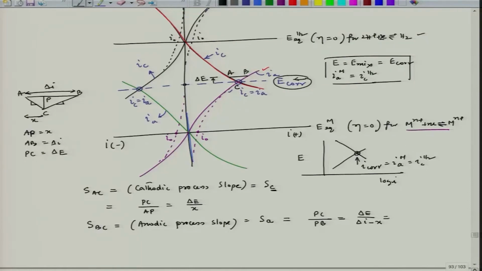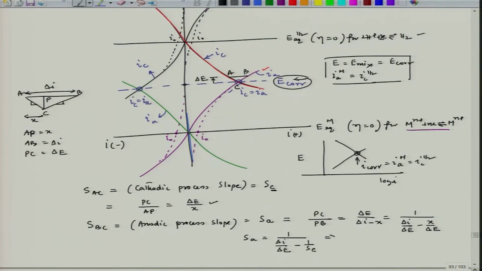So, I can do a little bit of juggling. I can write 1 by SA equal to del I by del E minus x by del E, and we see that this x by del E is nothing but 1 by SC.